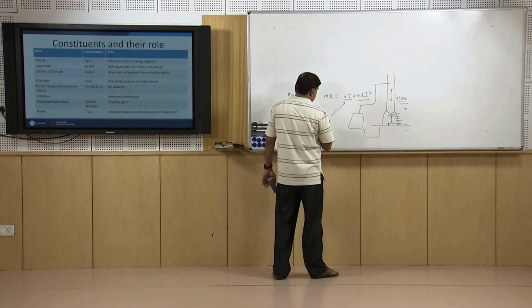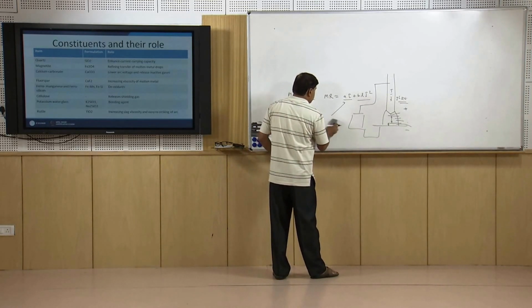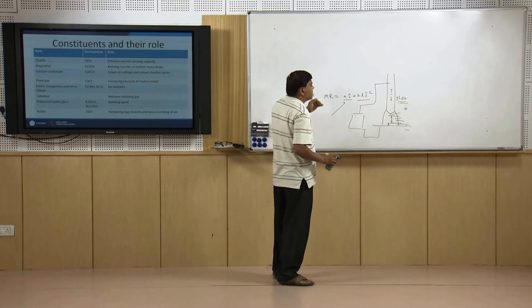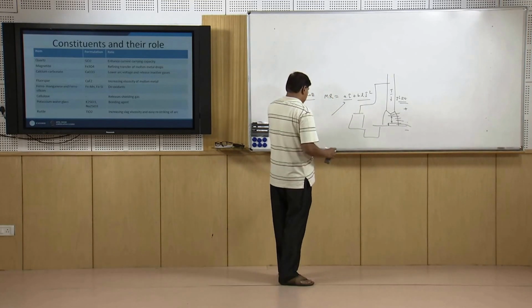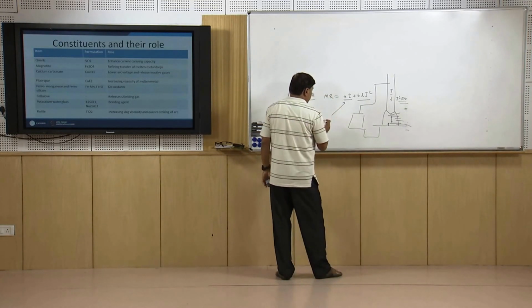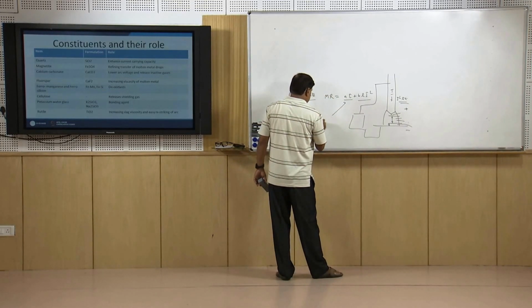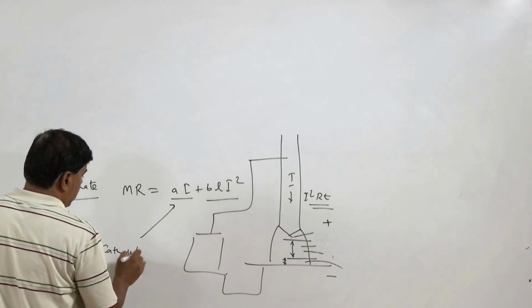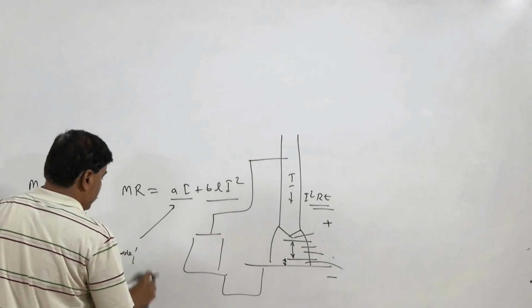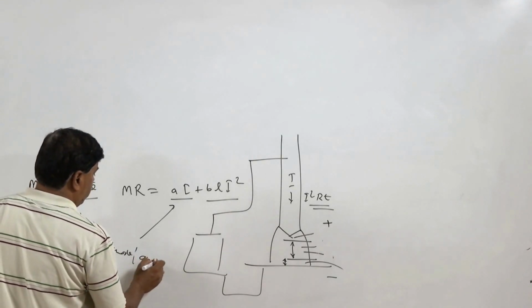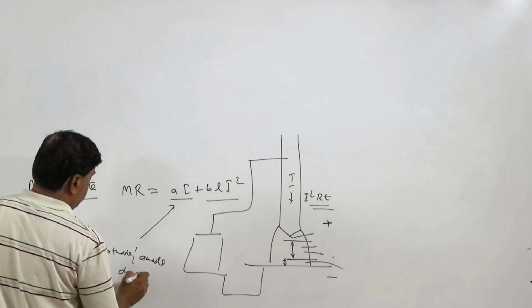So the heat generated due to electrical reactions in the anode or cathode drop zone, as the case may be, is accounted for by this AI factor.